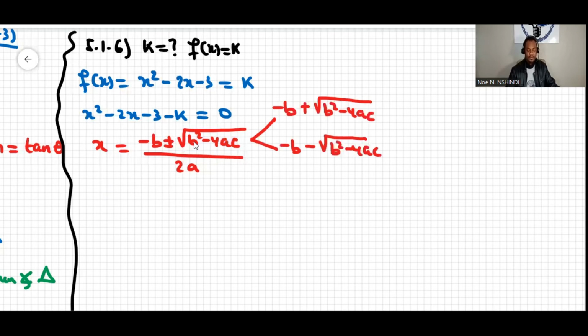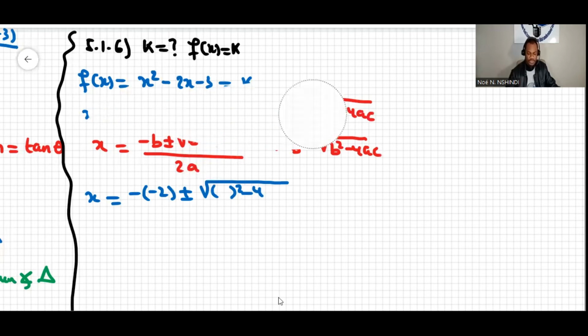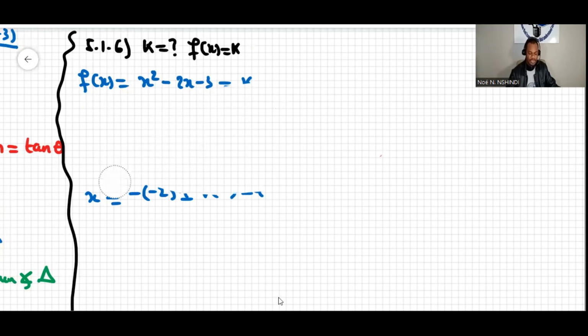Now in our case, let's just solve the problem like this. We have x is equal to minus b, which is minus 2, plus minus square root of b squared minus 4, and this 3 minus k.